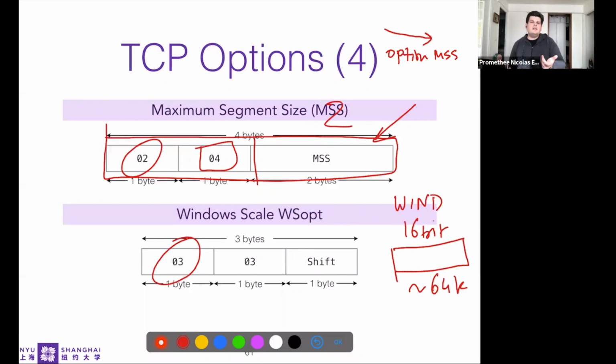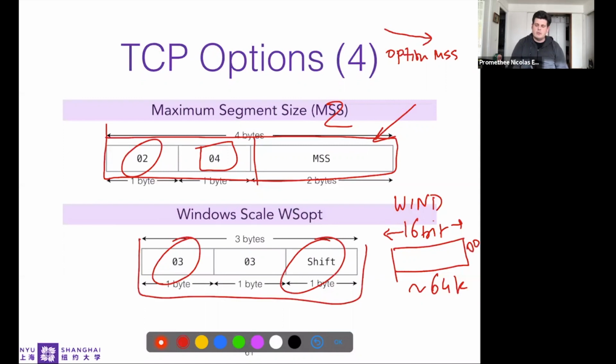Since this length is outdated, we added an option that is a kind of a shift. We indicate how many zeros you put at the end, which amounts to multiplying the value by 2 as many times as you have the shift here. So it's to increase the value. When you have this value, you take the window in the main header and multiply it by 2 as many times as the shift you have. So the total size is 3. No problem, that's good.